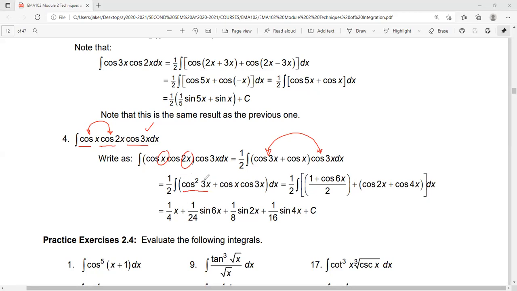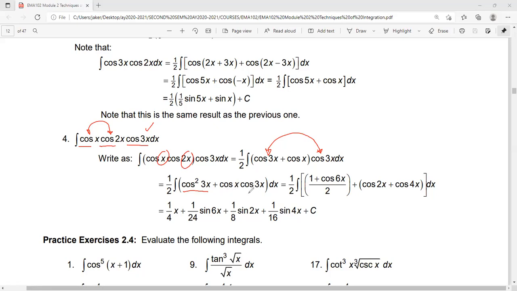Type 1, case 2, wherein your cosine or your sine is raised to a positive even exponent. You will convert this cosine squared of 3x into its double angle equivalent. So you double the angle here, so that makes it 6x. So it's 1 plus cosine of 6x over 2. Okay?